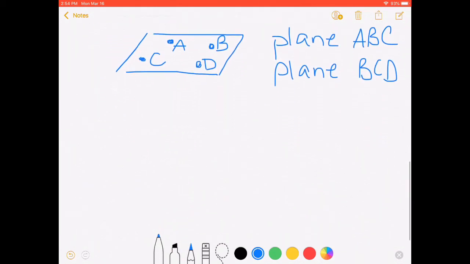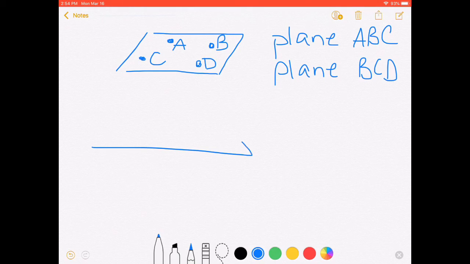Another thing is that if a line has more than 2 points on it, that same line can be named in different ways. So if we have this line with points A, B, C, and D on it, we can name that line many different ways, just using any 2 points on that line.